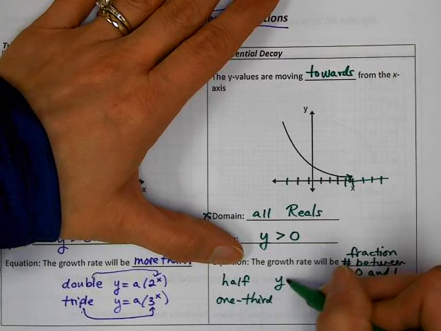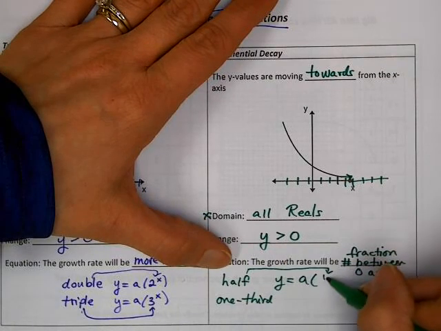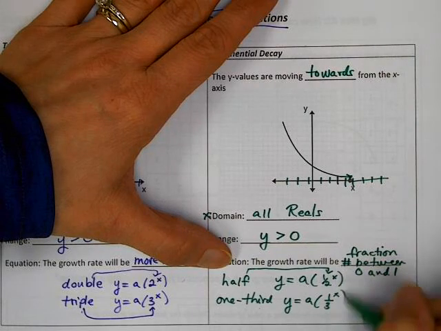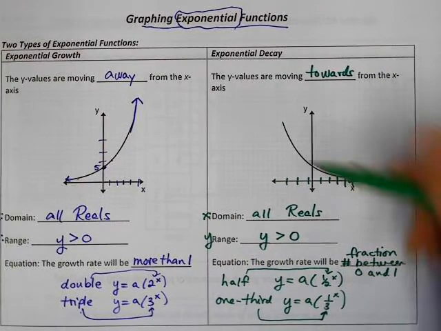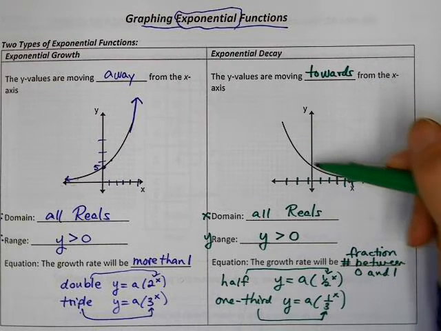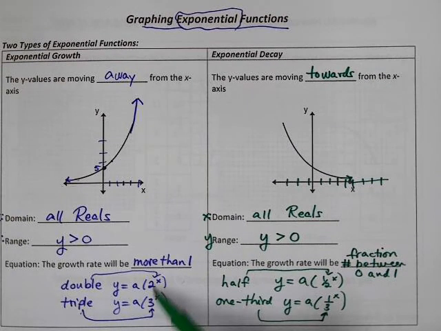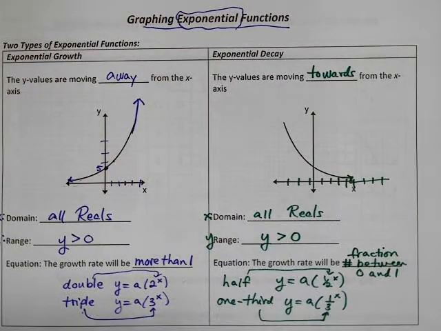So the equation will be y equals a times 1/2 to the x power, or y equals a times 1/3 to the x power. So if your base is a fraction, then you're going to have half, half, half, half, half. It's going to go down. And if you have a number that's more than 1, like double, double, double, double, it's going to grow. And so this is what exponential graphs look like.